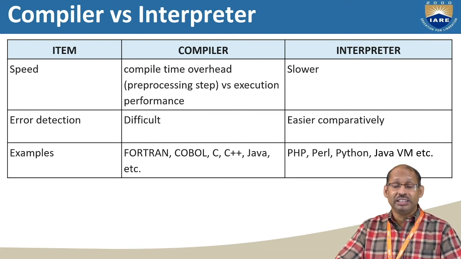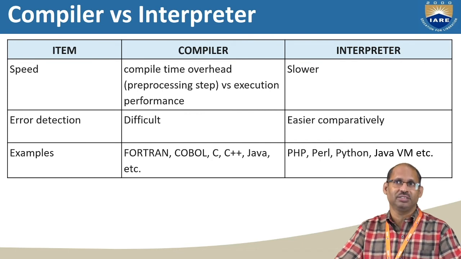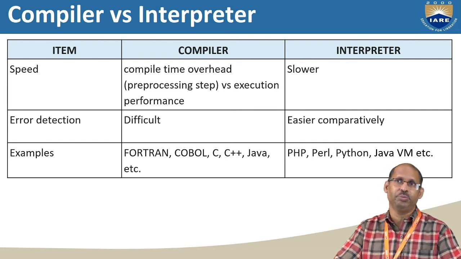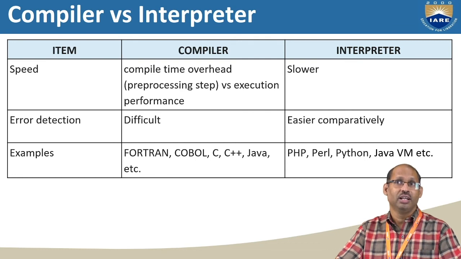Here, the type of statements the program has also affects the speed of compiler program execution and interpreter program execution. For example, if a for loop is there, compiler generated object codes execute faster, but the interpreter is very slow.